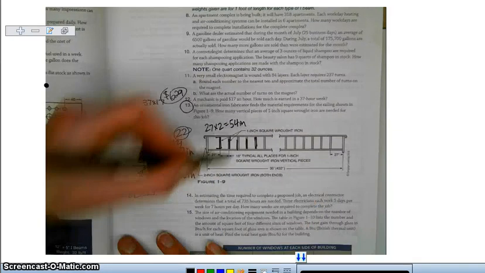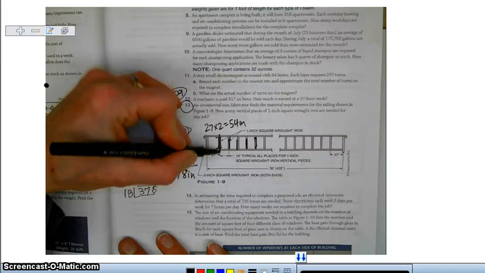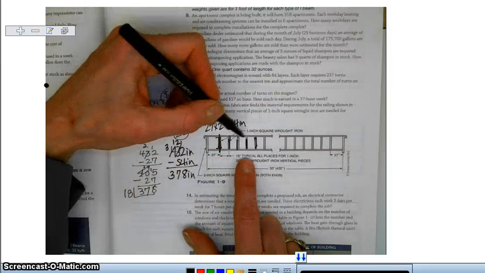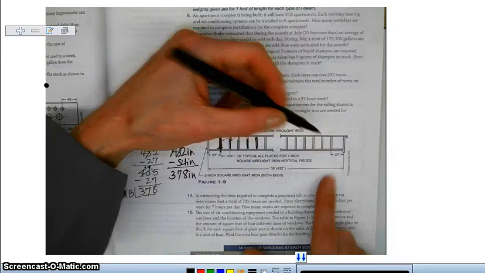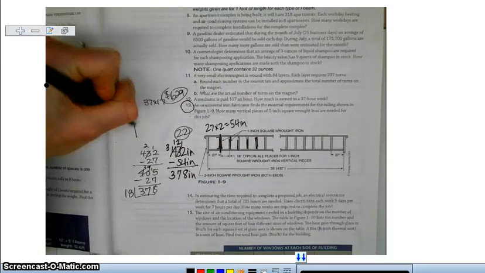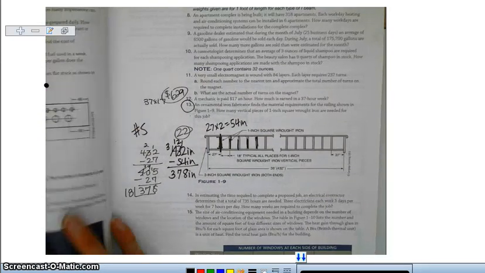And 378 inches is how much of this we're going to have the 1-inch wrought iron pieces on. And so we're going to start with the first one here. Okay, we have 1, and then we have another 1, 2, 3, 4, and we have to figure out how many there are. Now, there's a little note back in number 5 on the previous page that I want you to read and circle.